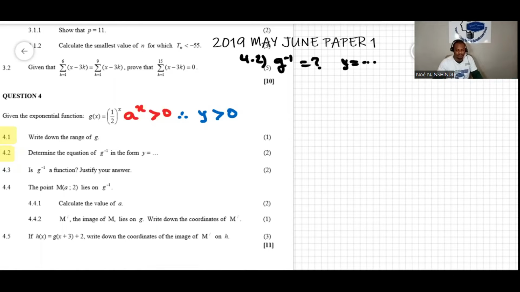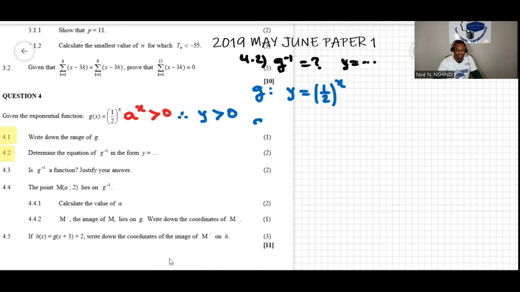Well, we do know that g of x is given by ½ to the power of x. So I prefer to write it this way: g of x is y, equal to ½ to the power of x.